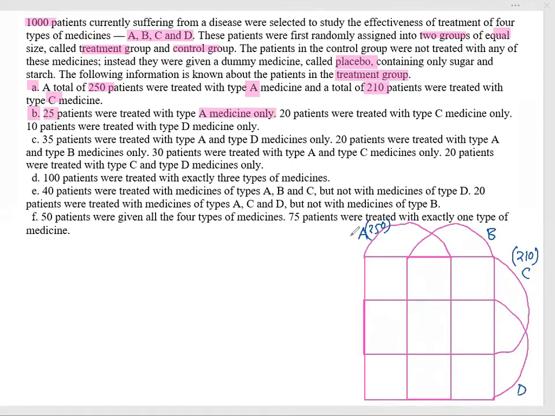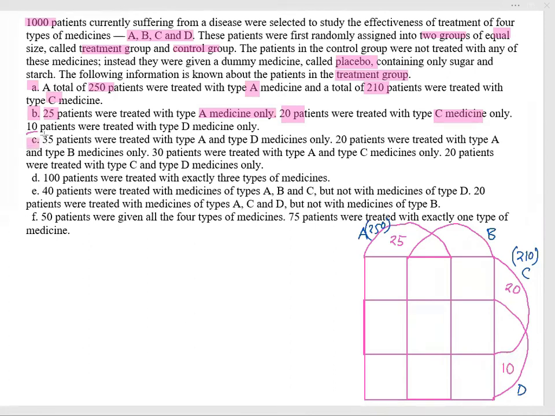Whenever it is given only, so 25 need to go in this segment, which is only part. 20 patients were treated with type C medicine only. So again, same thing, these would be 20 for only. 10 patients treated with D medicine only, 10 for D only. So 10 would be here.